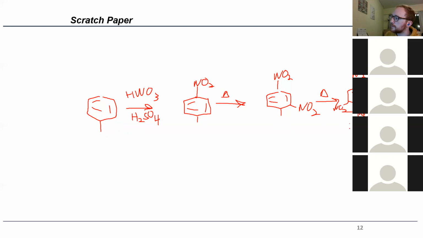That's how they make trinitrotoluene, or TNT. They just boil toluene in nitric acid and sulfuric acid.